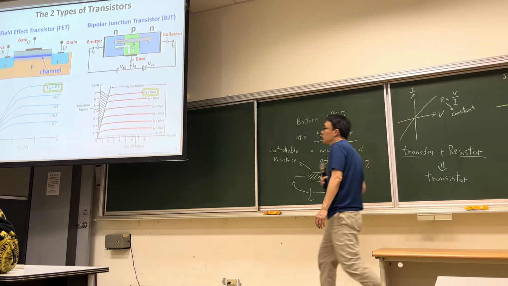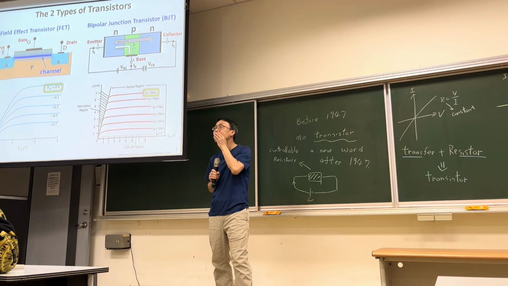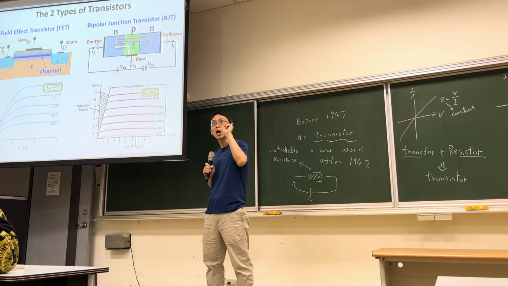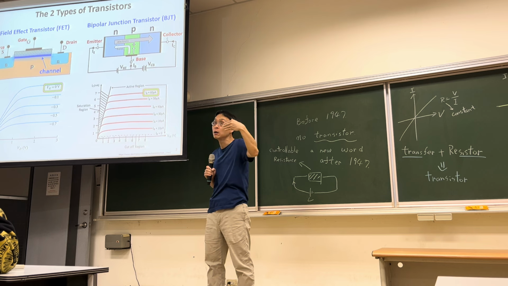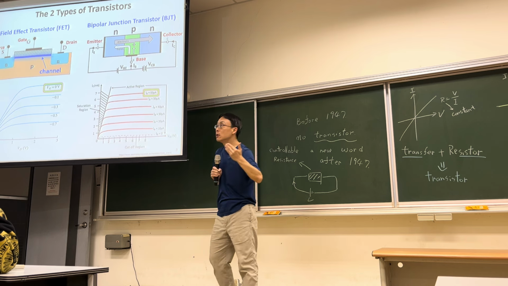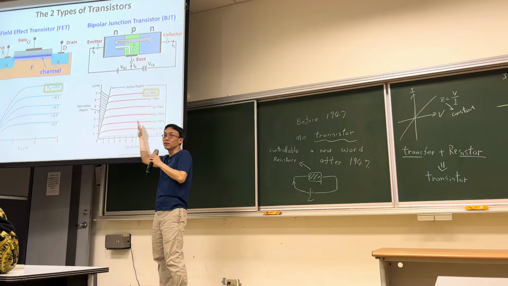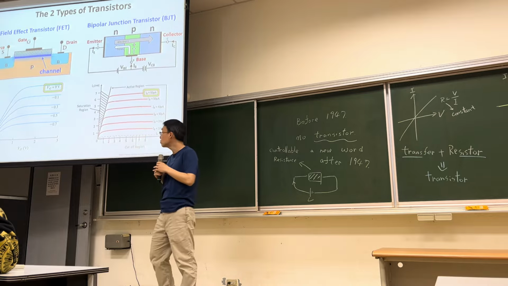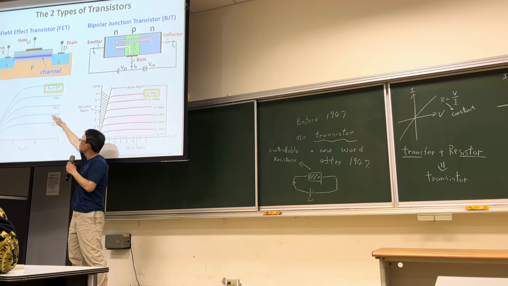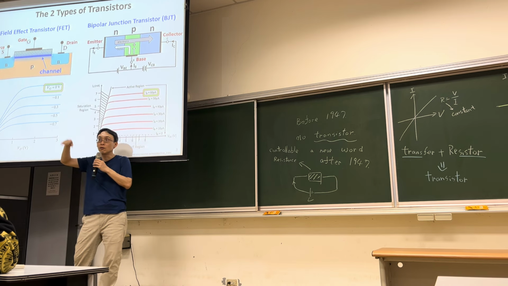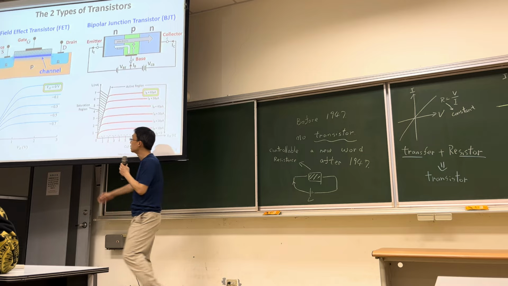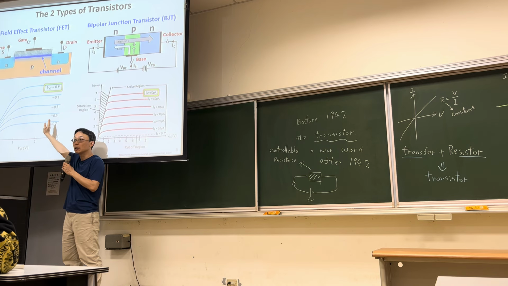The key advantage of a FET is high speed. You can turn it on and off with the field effect faster than with the current effect, so it gives you a high-speed response. It also saves more power, and you can make it smaller.